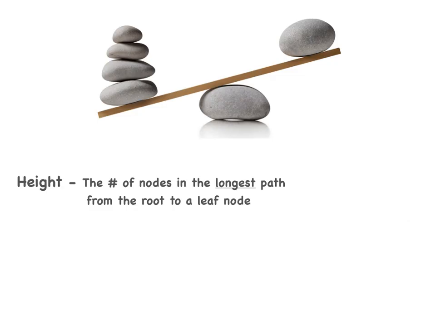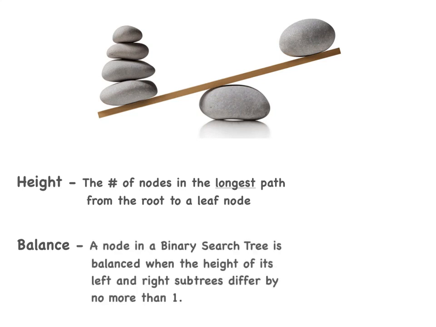The next word we need to explore is balanced. How do I determine if a node in a binary search tree is balanced? Well, that node is balanced when the height of its left and right subtrees differ by no more than 1. For example, suppose this is my tree, and I want to determine if the root of this tree is balanced or not.